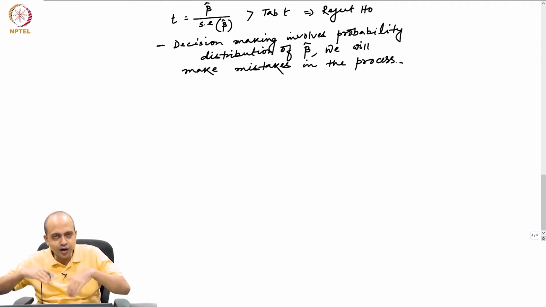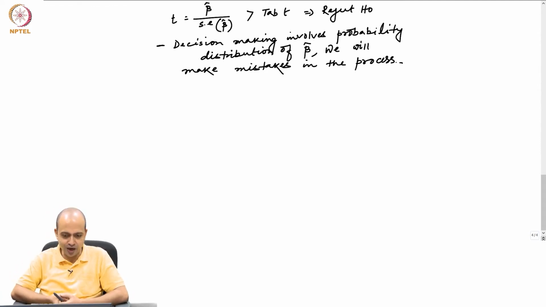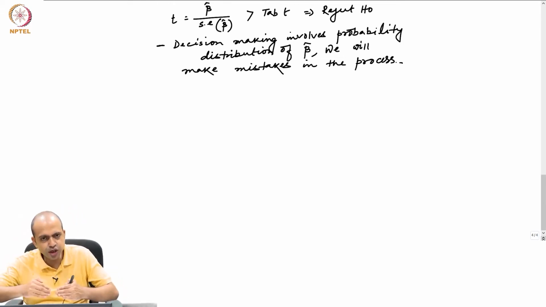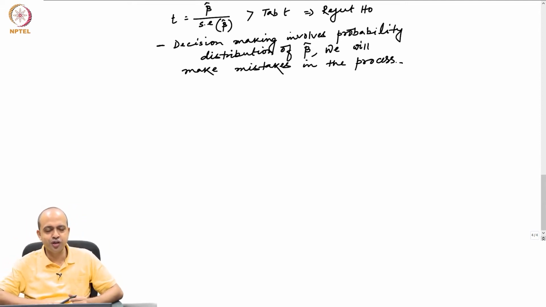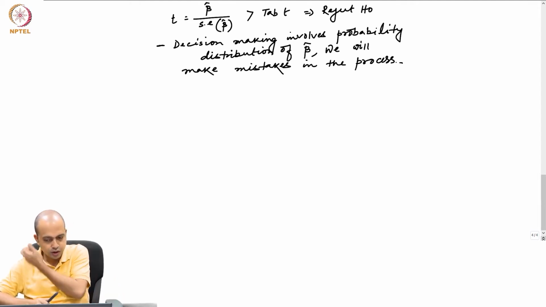If in all 100 cases your decisions are correct, when you are following this rule that tabulated T is less than the calculated T, then that cannot be a probability kind of situation. Since the decision making rule involves some kind of probability distribution, we would definitely commit some mistakes or error in the decision making process. Okay?